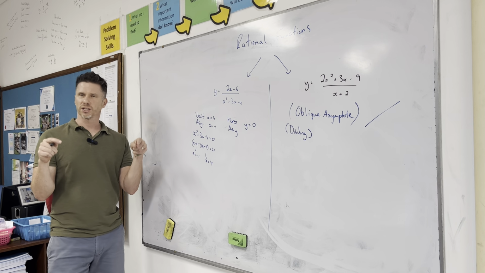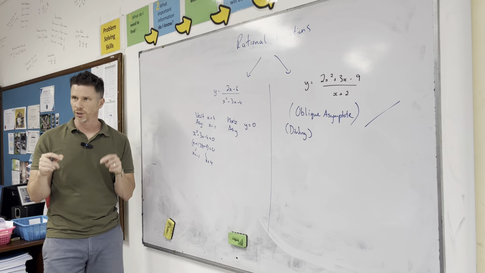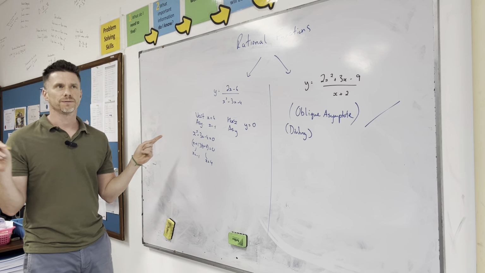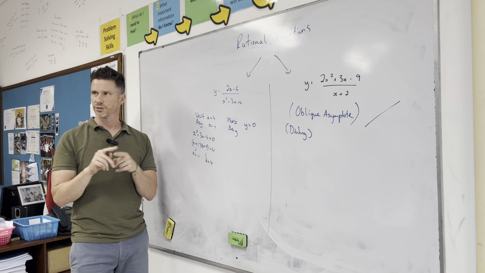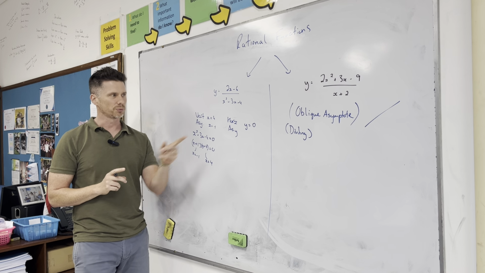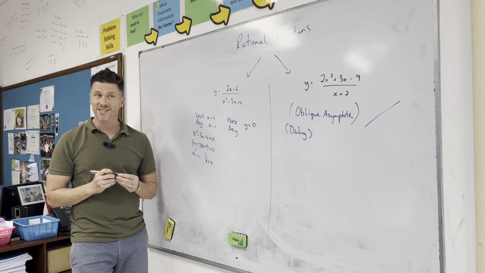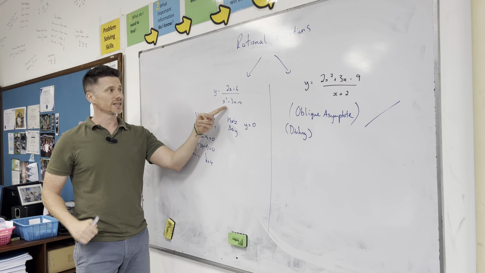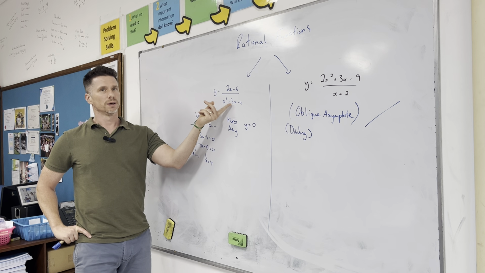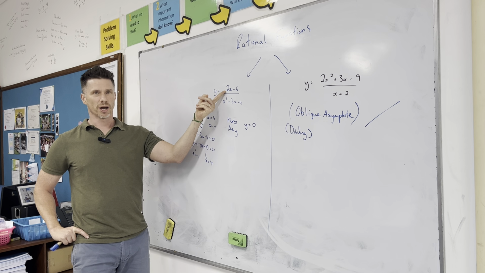We discussed this yesterday, that it does cross that point, but asymptotes are about what happens as x goes in either direction towards infinity. What's it going towards? It's definitely approaching y is equal to 0. Why is that the case? Because as x gets bigger and bigger, the denominator takes over and the numerator can't keep up.